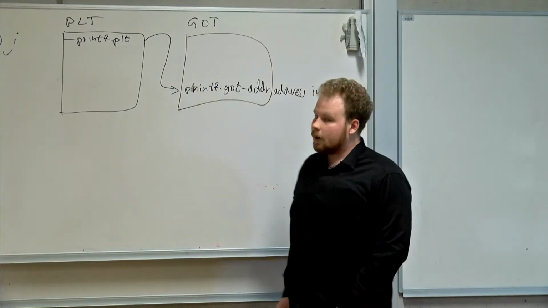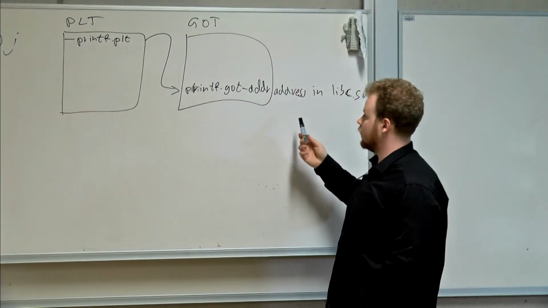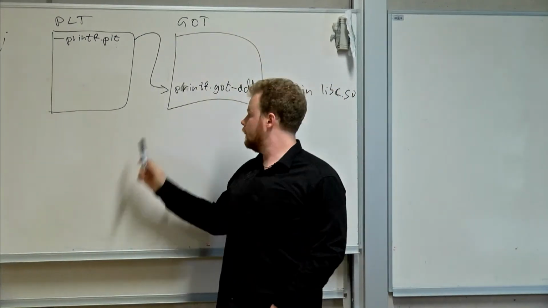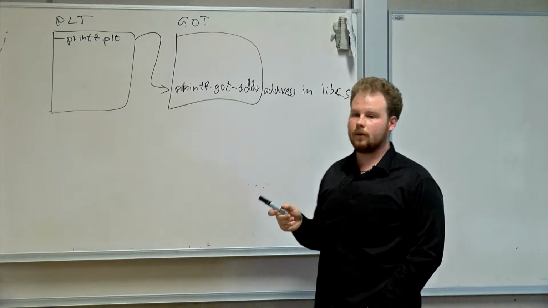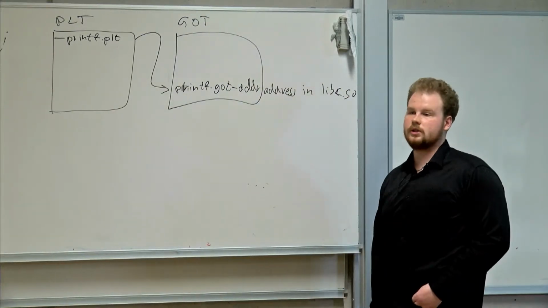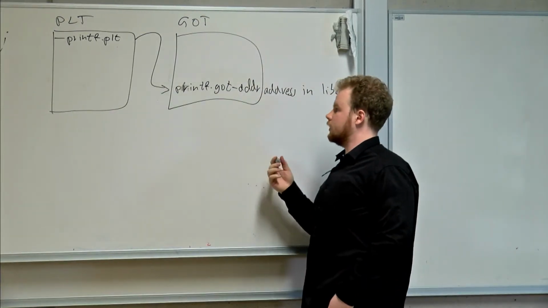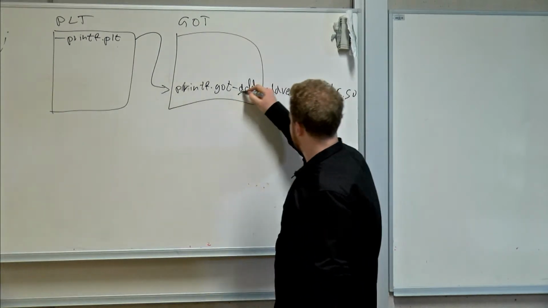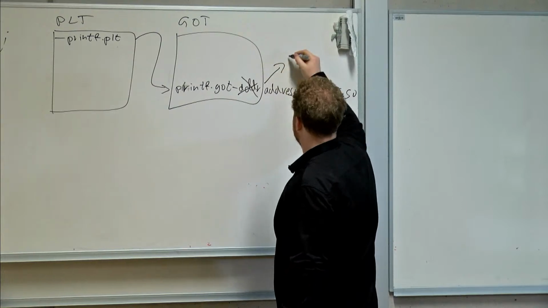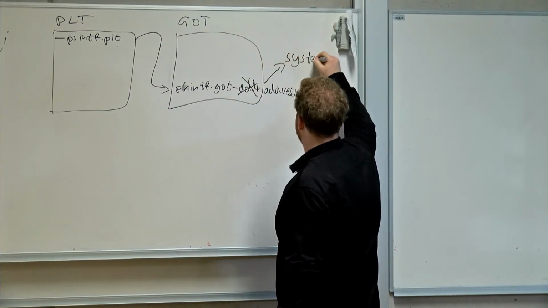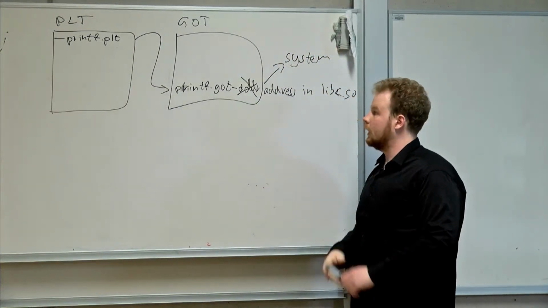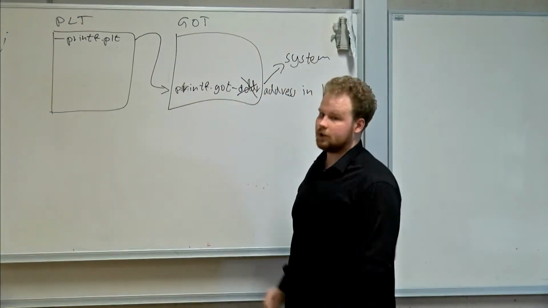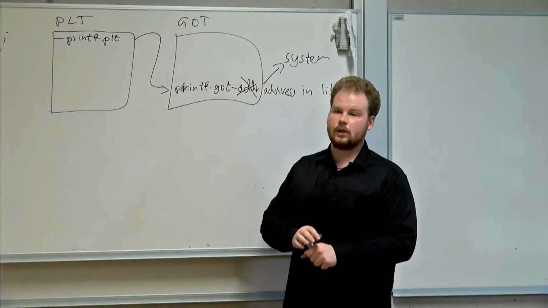But why I'm talking about this is because sometimes this table, the global offset table, is writable. So a common attack pattern is to hijack execution by overwriting this, to point it to system, for example. And then every time printf is called, actually system is the one that's being called.